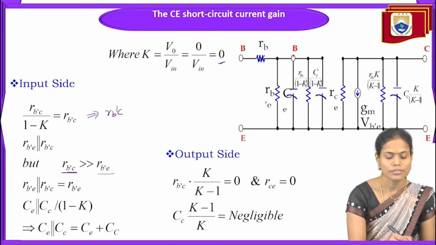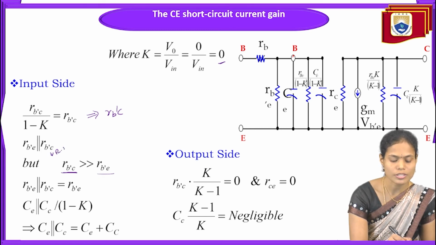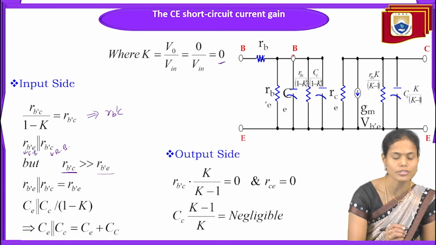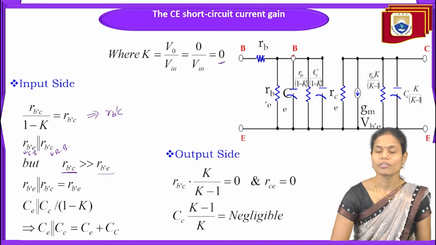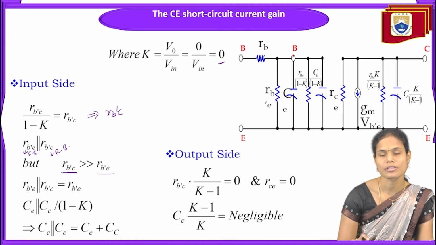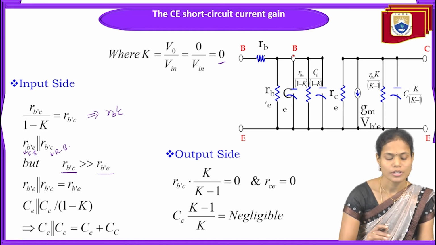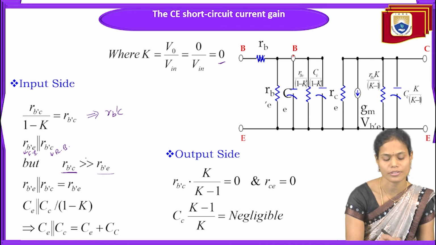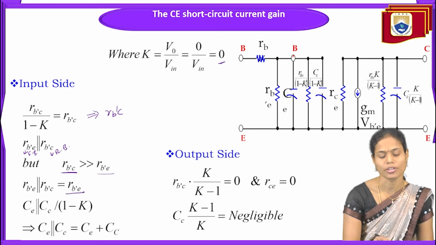Why? Because this resistance exists in the reverse biased junction and this resistance exists in the forward biased condition. Always in the forward biased junction the resistance value is very low, but in the reverse biased junction the resistance value is very high. So if we take two unequal resistances in parallel combination, we always get the low resistance as the result. So that's why we will get it as RB dash E here.